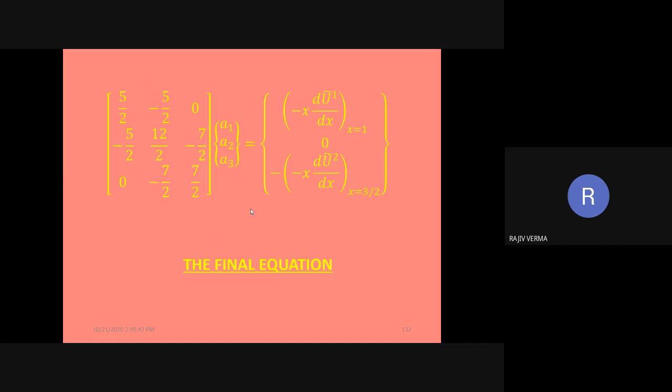Now the students are requested, because this happens to be a new concept, and it is very essential for this concept to be understood thoroughly, because at this particular moment this concept has been used to illustrate plenty of new concepts. One of the concepts happens to be the process of assembly. We have divided the domain into two elements. We have developed the equations for each element independently.